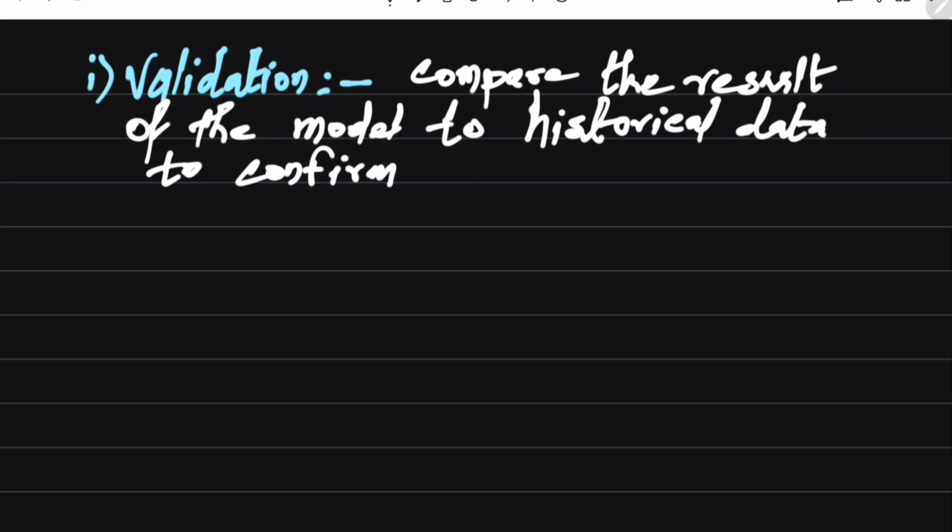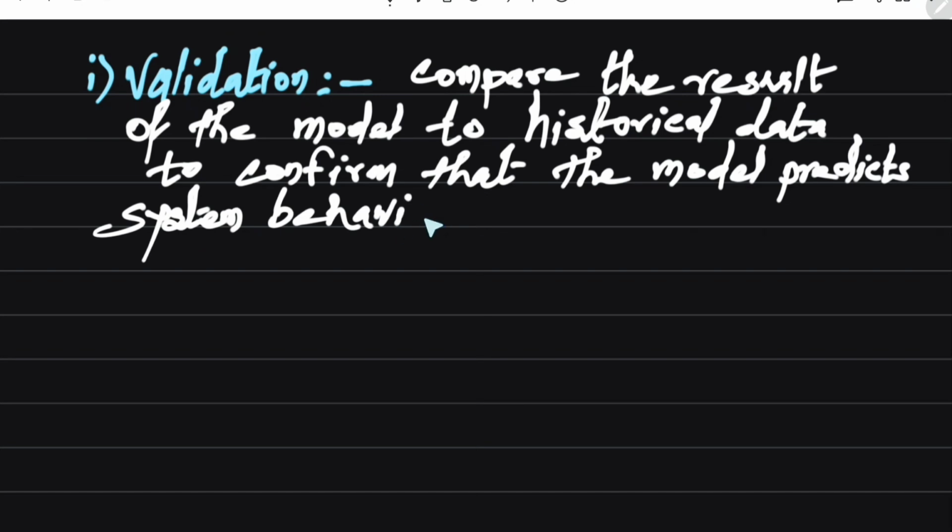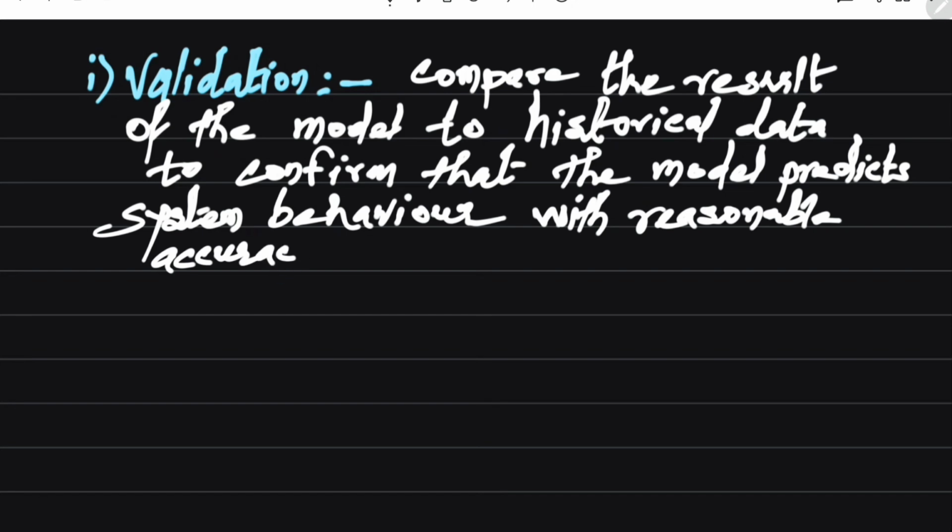And the second step is refinement. If the obtained results are poor, then you must revise the model by collecting better data, and again repeat step number 2 and step number 3, that is phase number 2 and phase number 3.